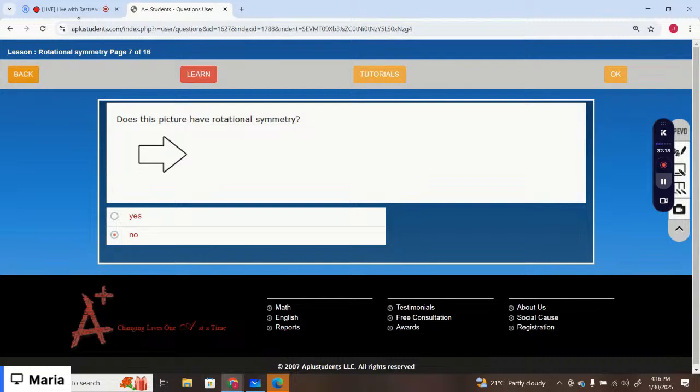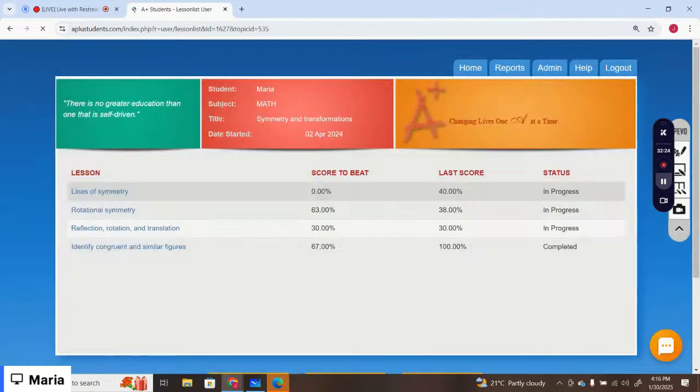No. Okay, you can complete the lesson by yourself later today. The next lesson is reflection, rotation, and translation.